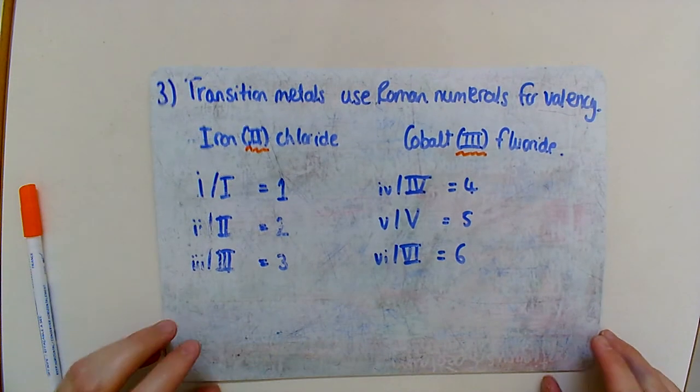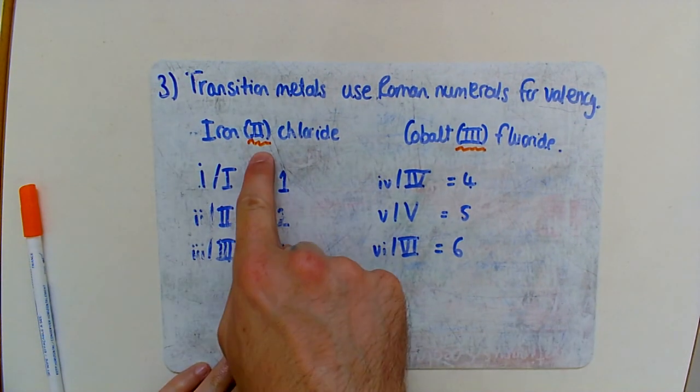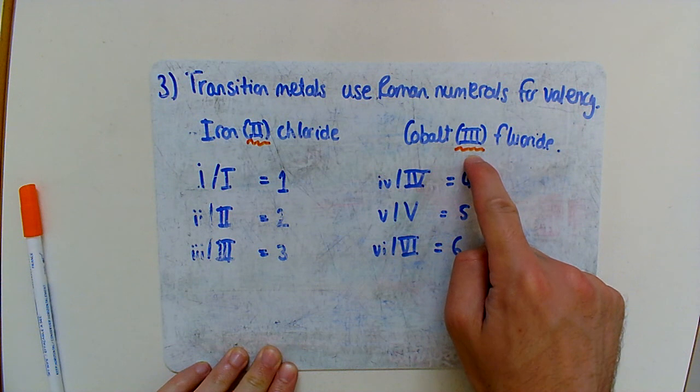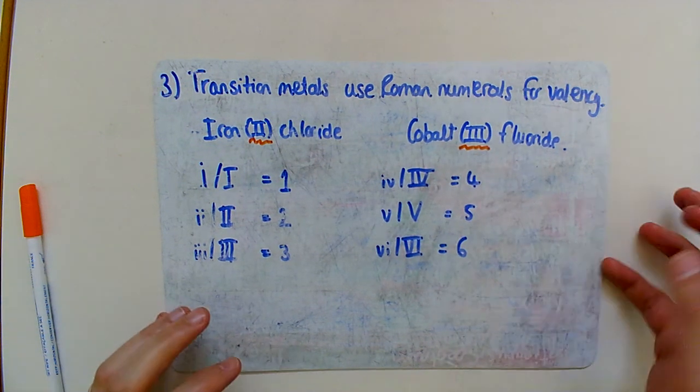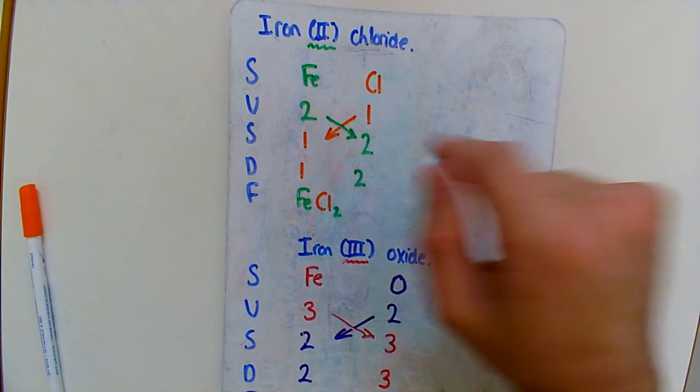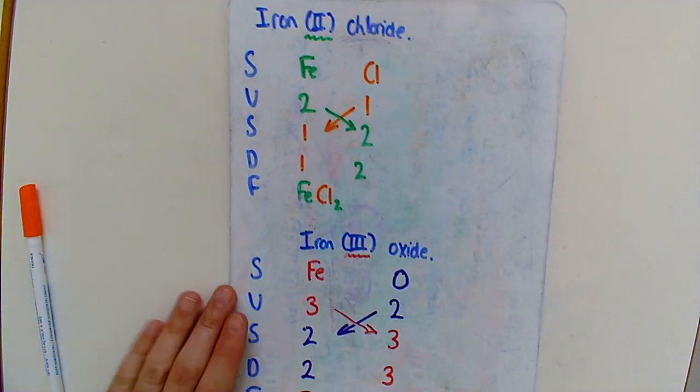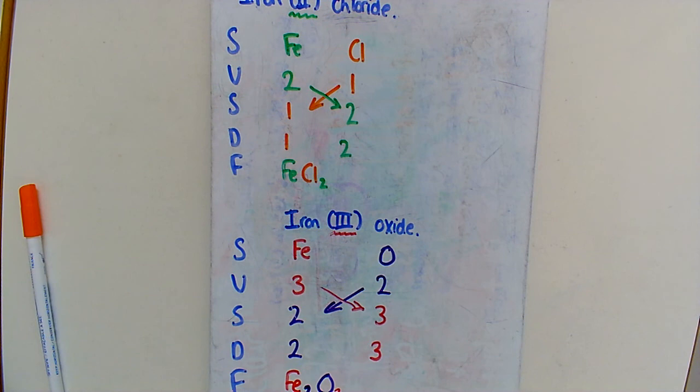And then we learnt for transition metals, if we use transition metals, they have to have the valency shown in Roman numerals after the name of the transition metal. And once you've seen that, you can use it to write the valency and do the exact same method as before. So that was part 1 of writing chemical formula.